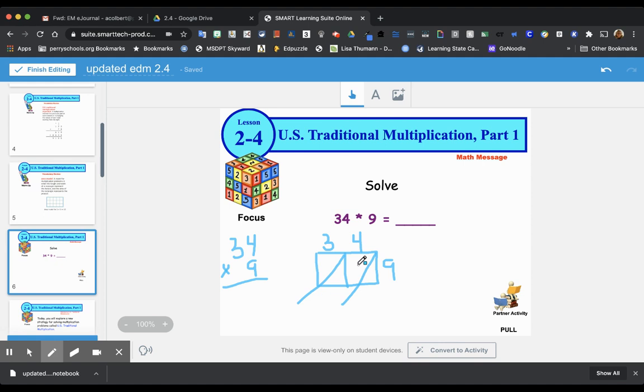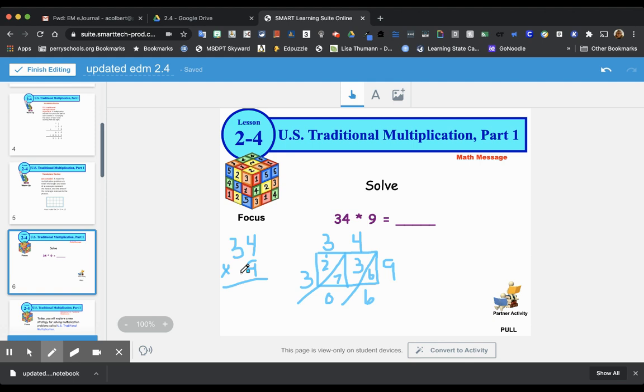So here we would take 4 times 9, which we know is 36. And then we would take 3 times 9, which we know is 27. Okay. And then we would add up these columns here, just like this, and get an answer of 306.